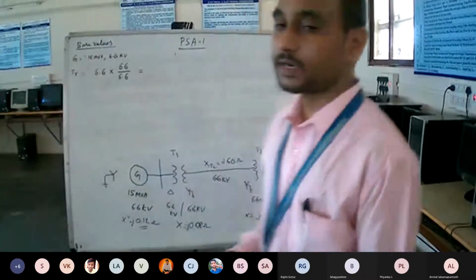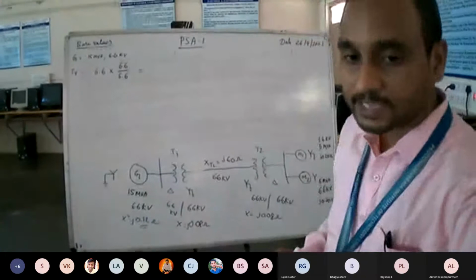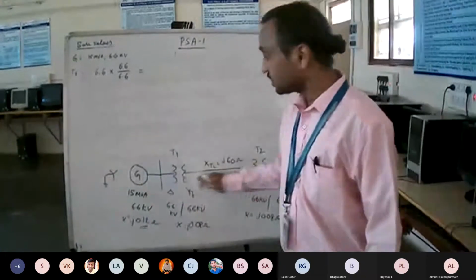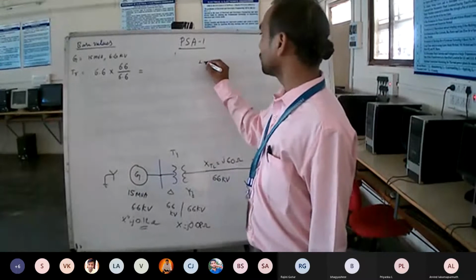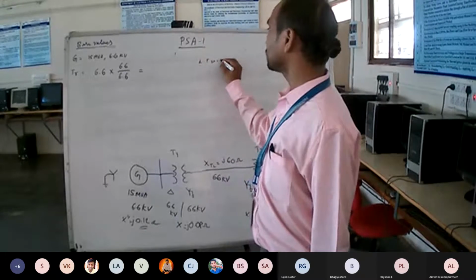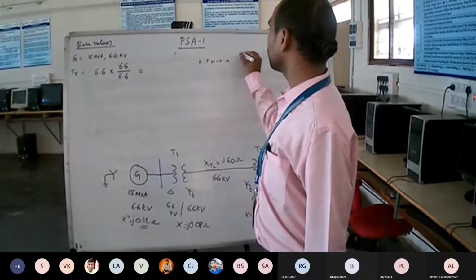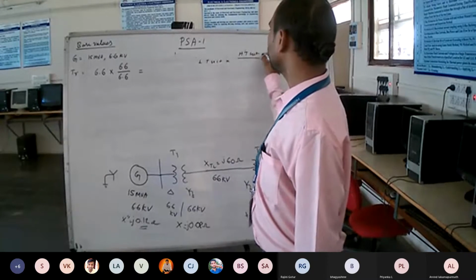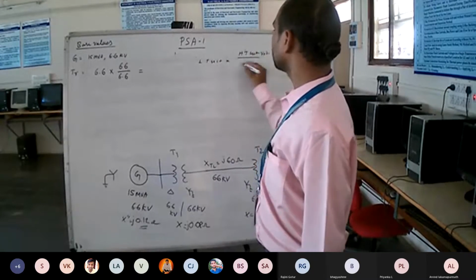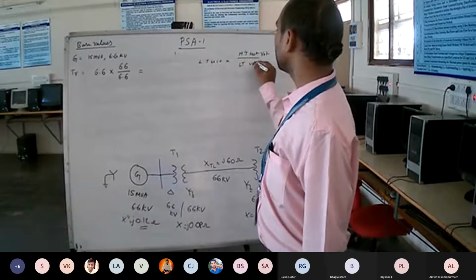How do we calculate the base voltage on the HT side? This is the high tension side. Base voltage on the HT side is equal to the LT section rating multiplied by the HT section voltage rating, divided by the LT voltage rating.